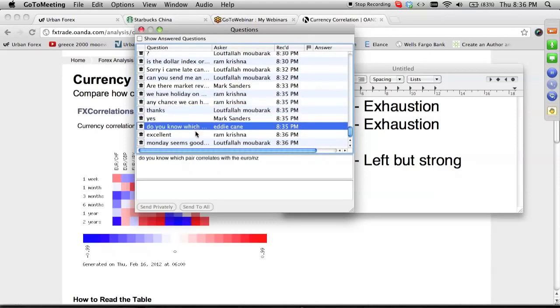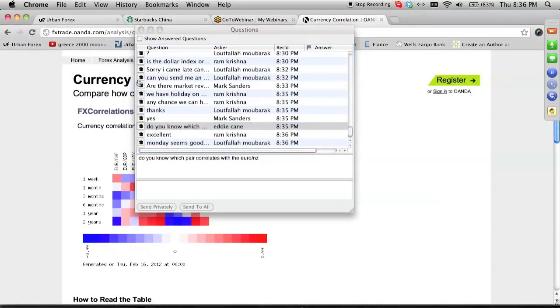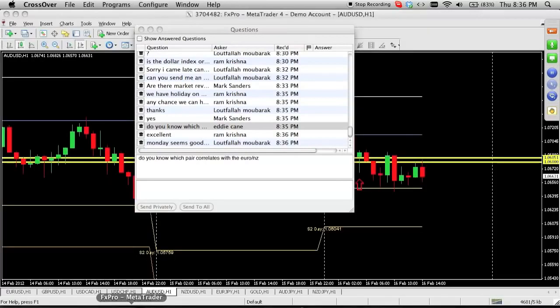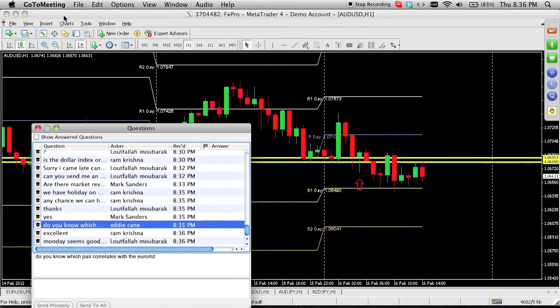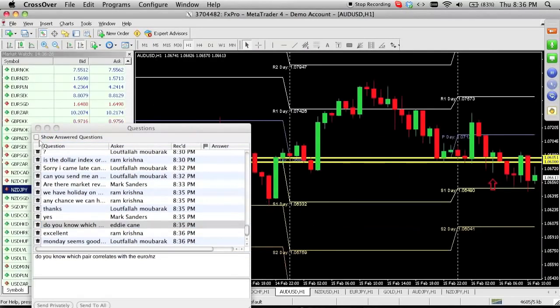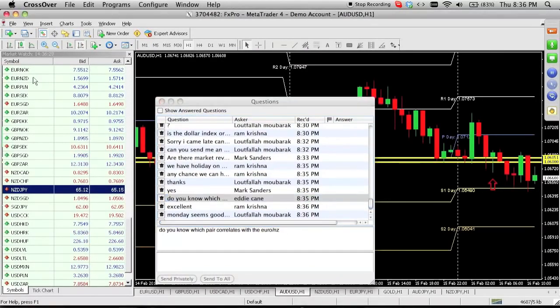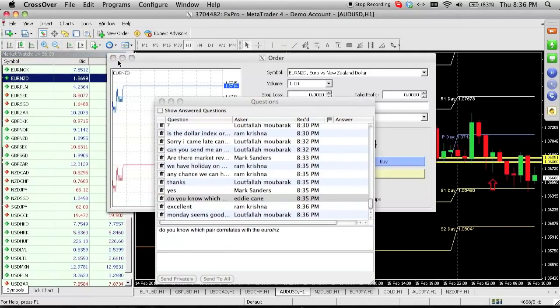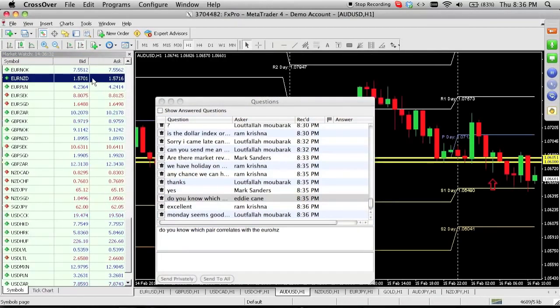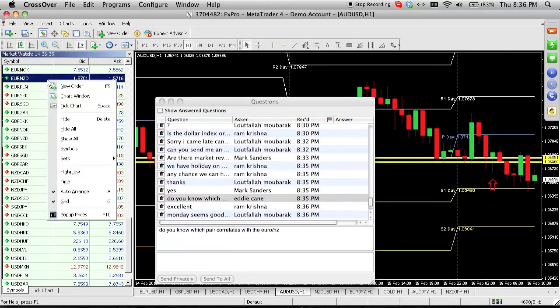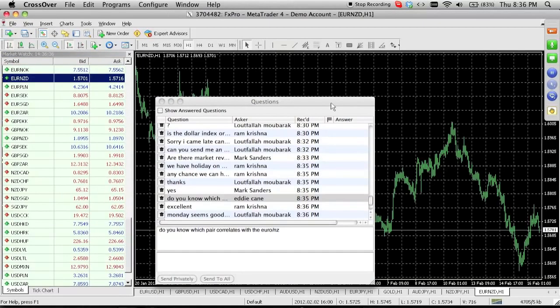Eddie, do you know which pair correlates with the Euro New Zealand dollar? You might have to look at both Euro USD and New Zealand dollar US dollar. And I believe Euro NZD is a crazy pair, if I'm not mistaken. With 15 pips of spread.